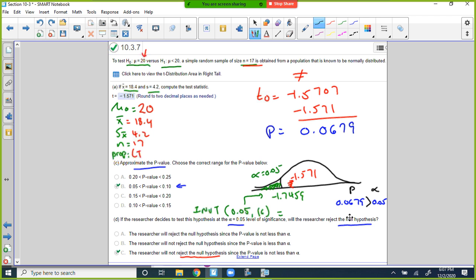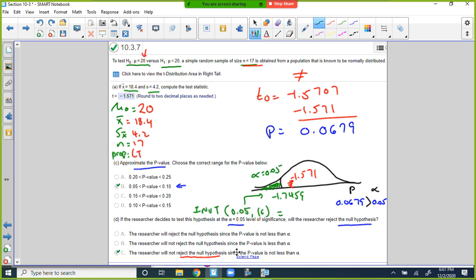The p-value is, right? Which would mean that we do not reject, right? That's what that means. Since the p-value is not less than alpha, we will not reject the null hypothesis. So two things backed up each other's claim, right? The critical T doing it that way, and then with the p-value. They're two parallel paths to get us to the same thing.